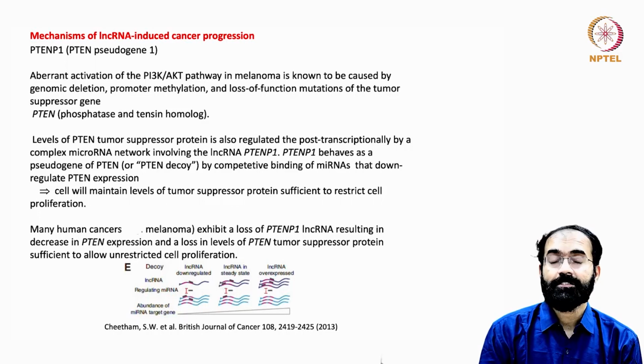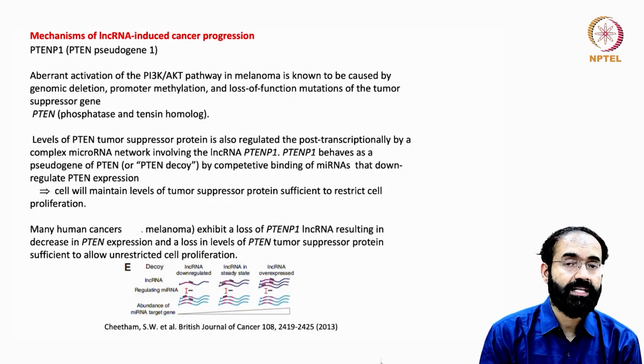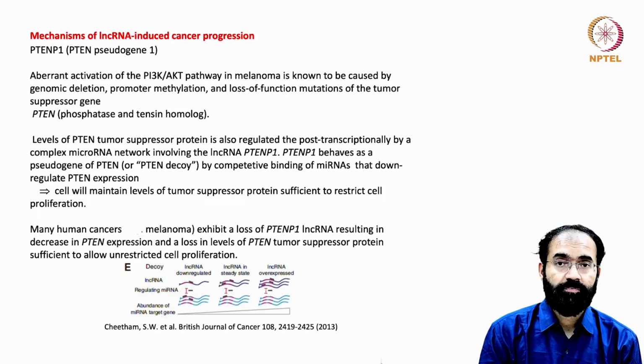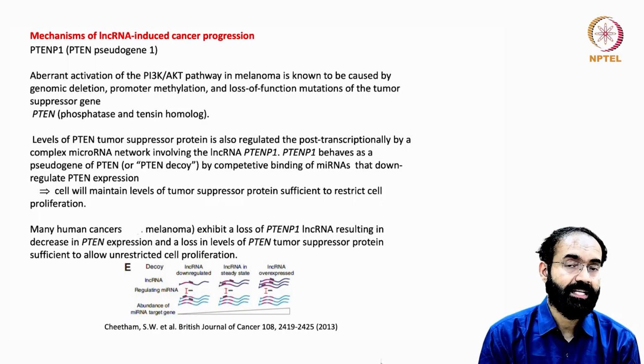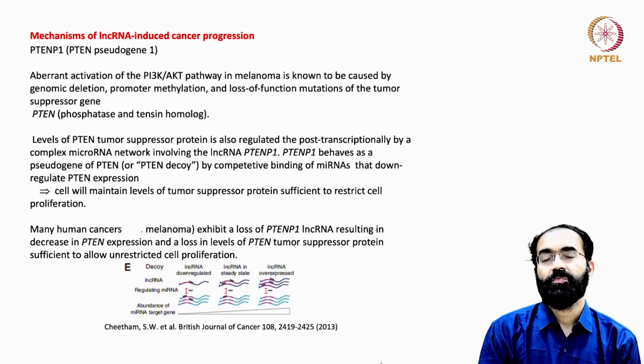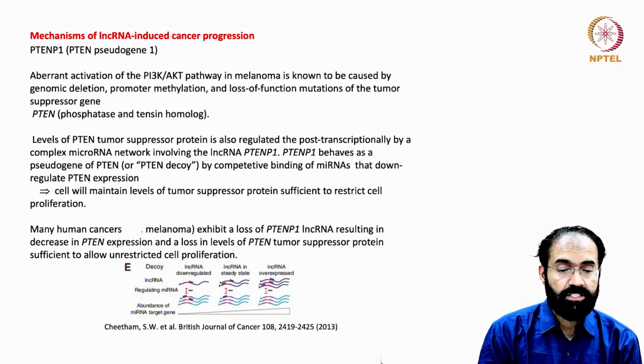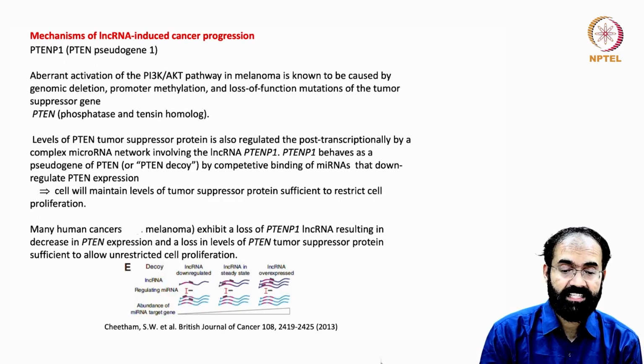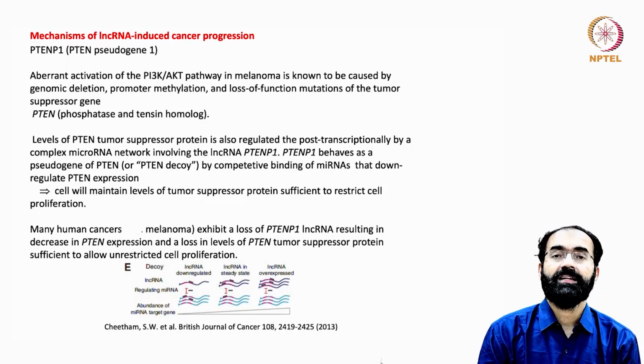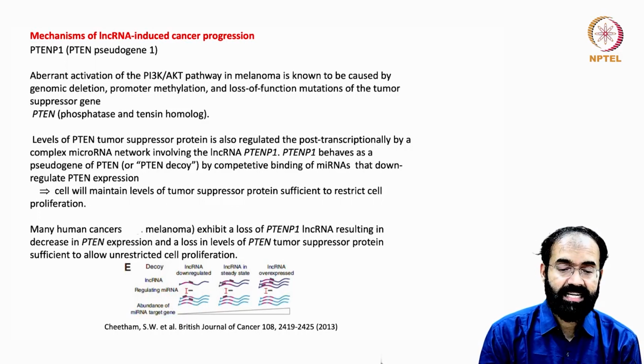When PTENP1 expression is missing, this eventually leads to decreased levels of PTEN, because the PTENP1 and PTEN expressions are monitored and linked. So levels of one can influence the level of the other. So in melanoma, loss of PTENP1 long non-coding RNA results in a decrease in actual PTEN expression and a loss of PTEN levels, which is a tumor suppressor. So the absence of PTEN will cause an elevated level of AKT, and this in turn will facilitate the proliferation.